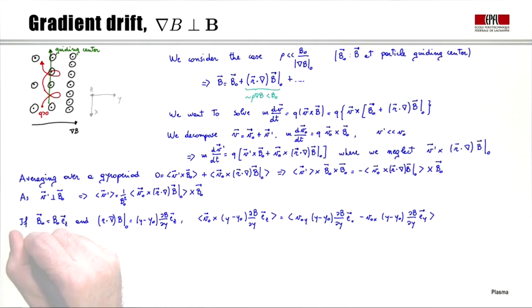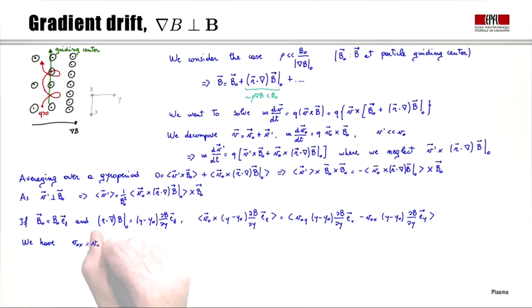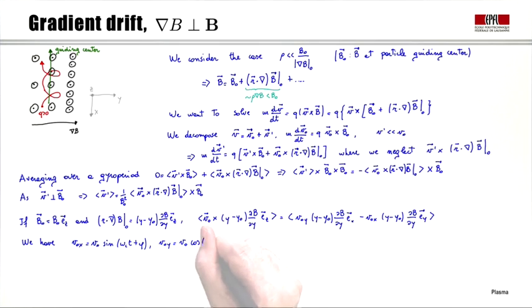Therefore, the particles do a circular motion. V0x will be given by an oscillation, while V0y will be given by an oscillation with the same frequency, just shifted by pi over 2.